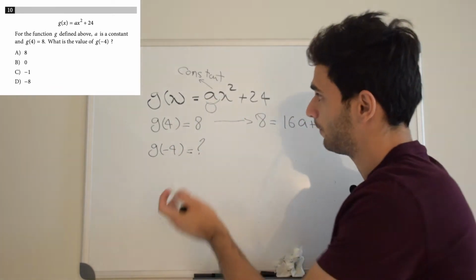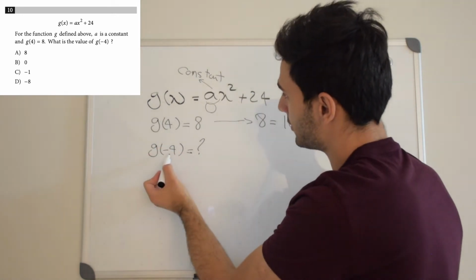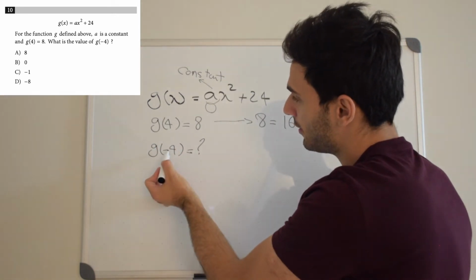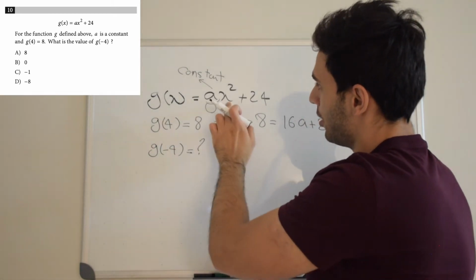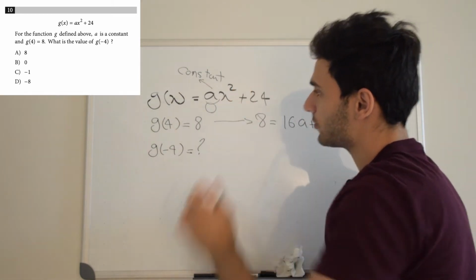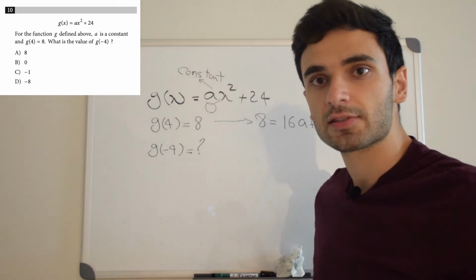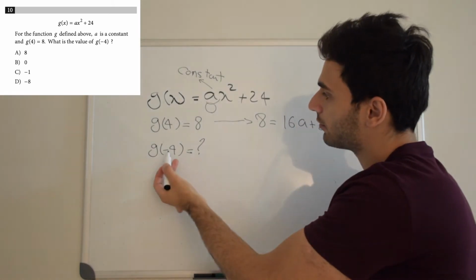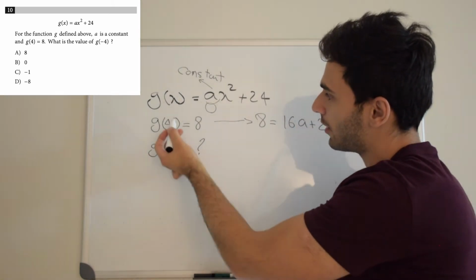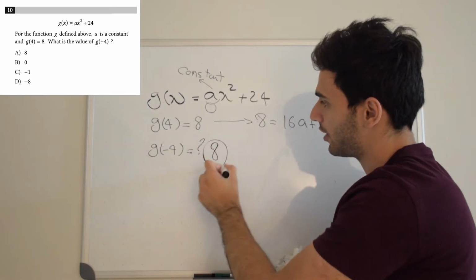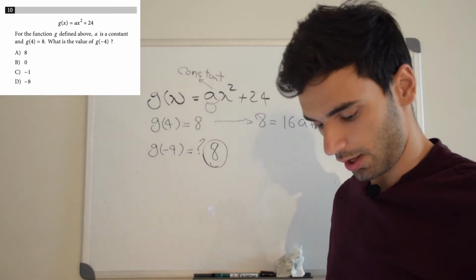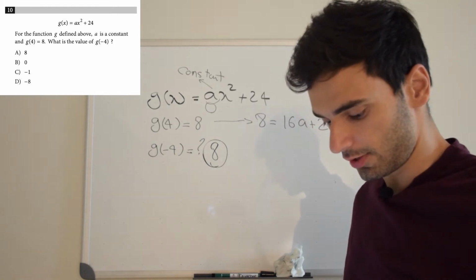Easy way: I can see 4 and minus 4 are the same number, one positive, one negative, but it doesn't matter, because here we have x squared. So at the end it's the same thing. So minus 4 and 4 will have the same answer. Answer is 8. A is the answer.